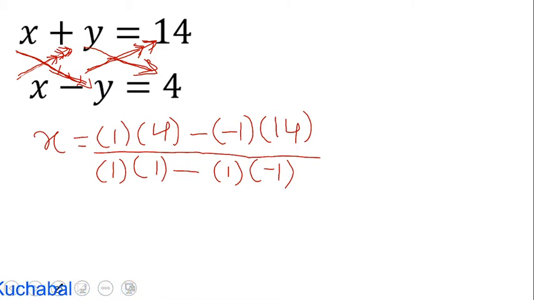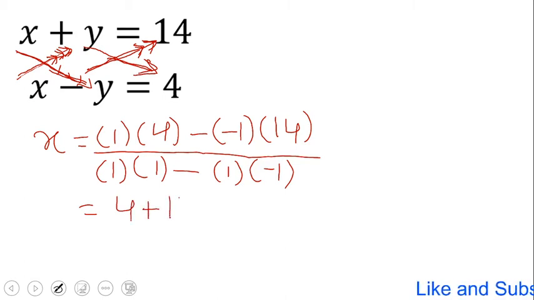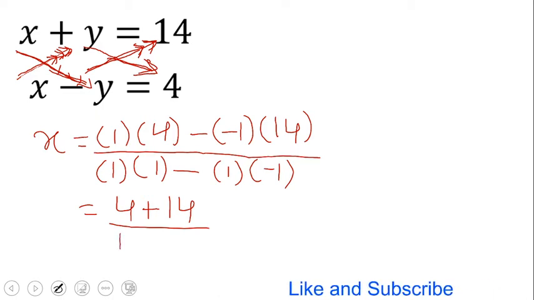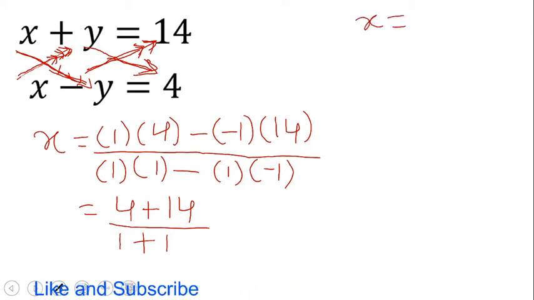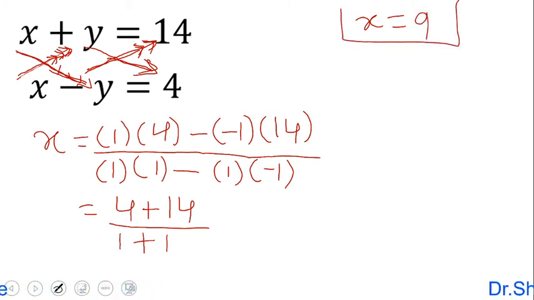Then we will simplify this. 1 into 4 is 4, minus into minus is plus, 14 ones are 14, divided by 1 into 1 is 1, plus 1 into 1 is 1 here. Simplifying this, for x we get 4 plus 14 as 18. 18 divided by 2, we get the x solution, x equal to 9. In a similar way, we have to find the value of y.